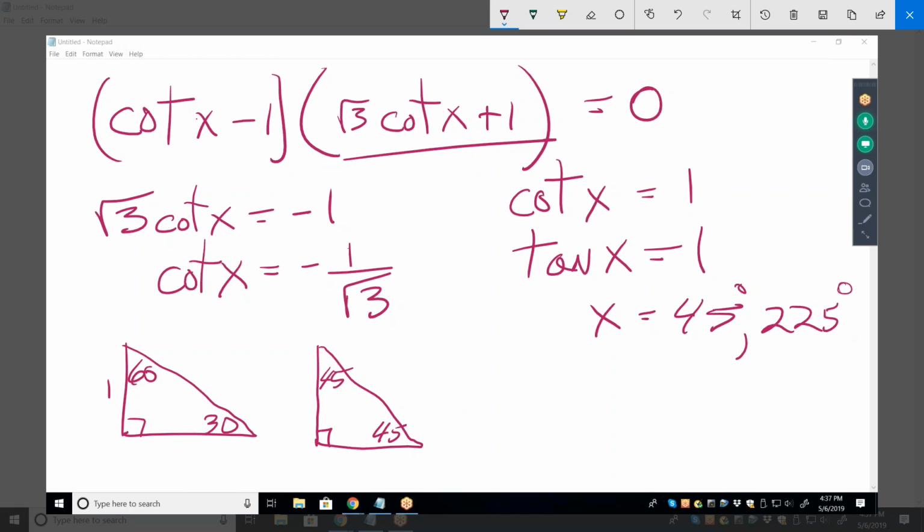Because looking up the answer just means you're trying to memorize it. If you want to memorize something, memorize these two triangles and you'll always be able to know that answer. Okay? So, which angle is the cotangent equal to 1/√3?